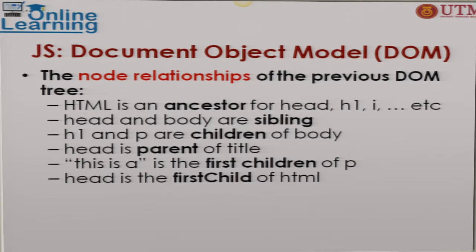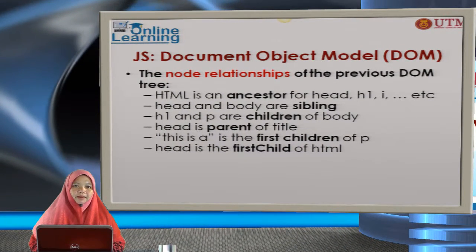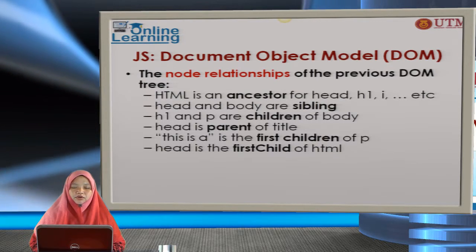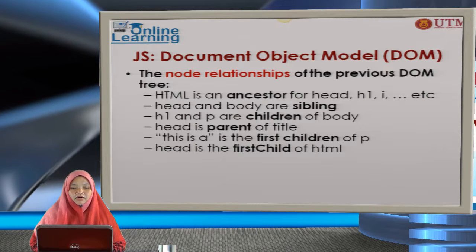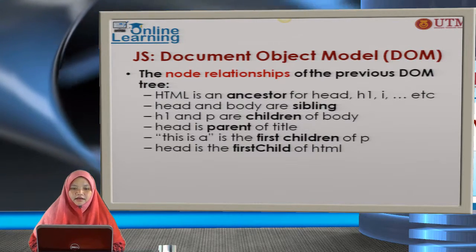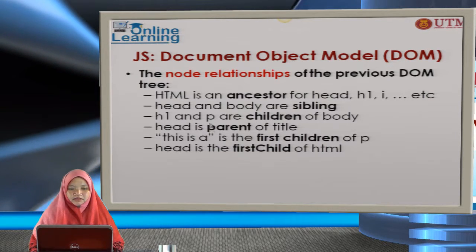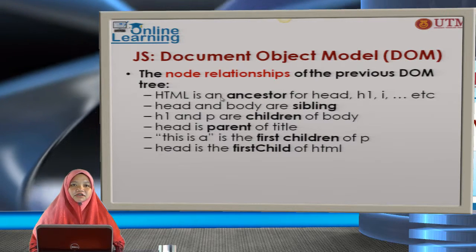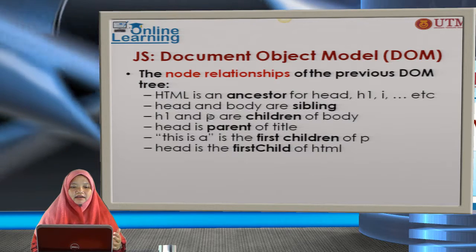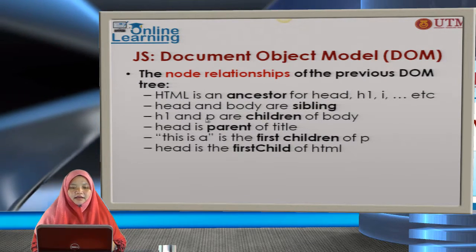Another thing you have to know is, when you apply DOM, you have to look in detail at the node relationships for that DOM tree. The concept is like this. HTML is referred to as an ancestor of the head. Then the head and body are siblings.